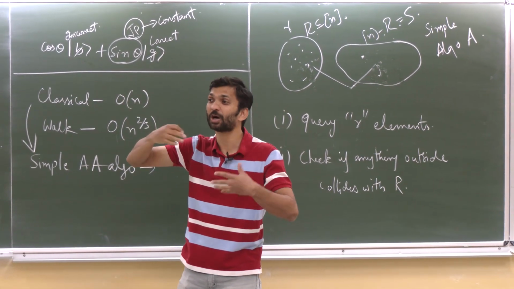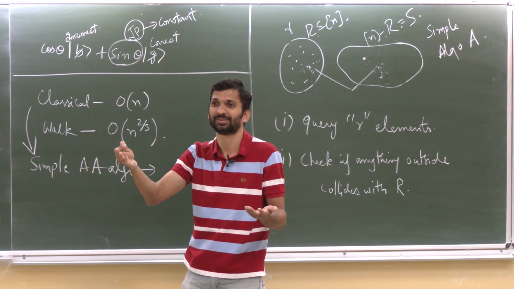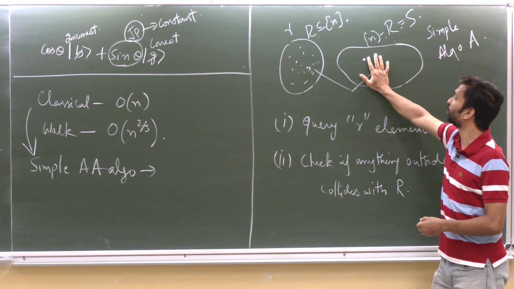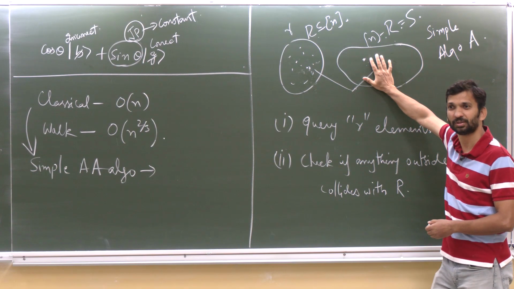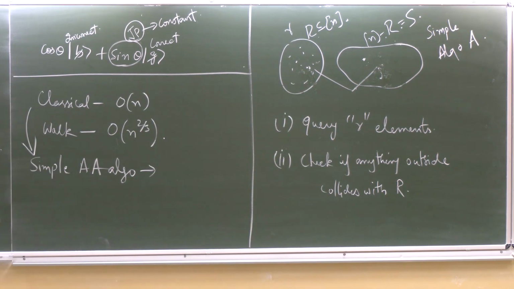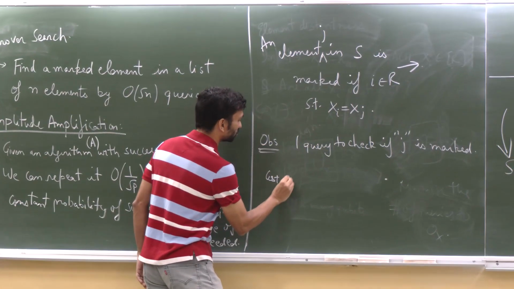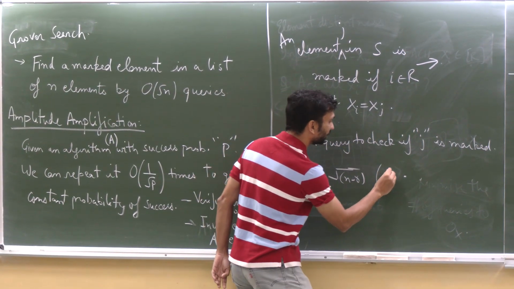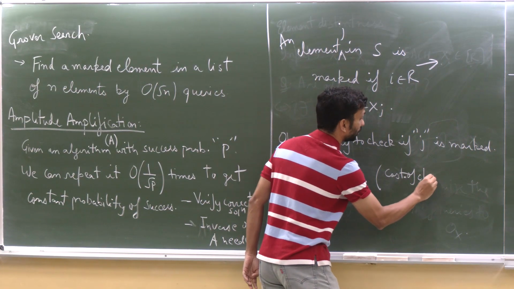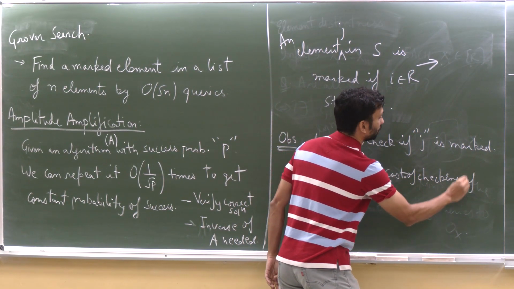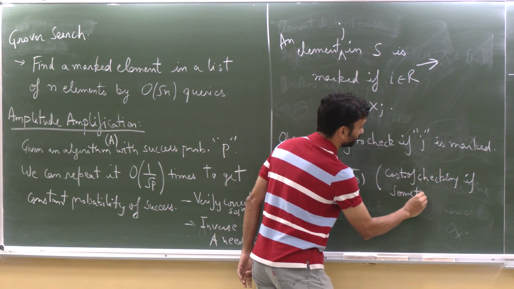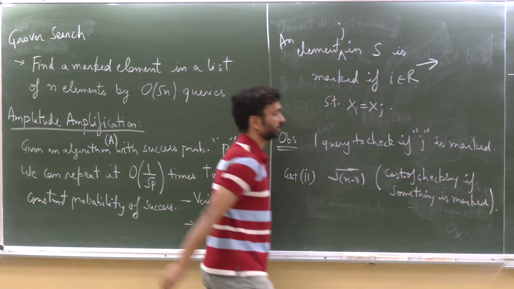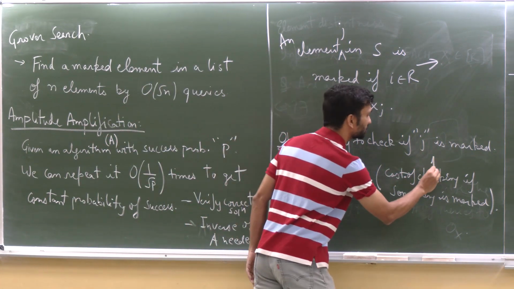That is why I am saying think of this thing as a black box. You have a list of n minus r elements, correct? You want to find out if something is marked or not. What is the cost? The cost of step 2 is square root of n minus r multiplied by the cost of checking if something is marked, which we know is 1.